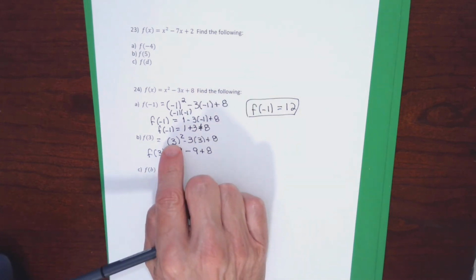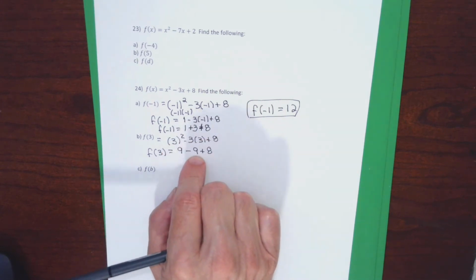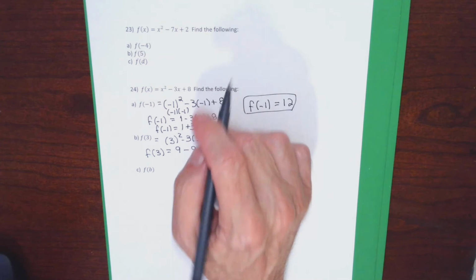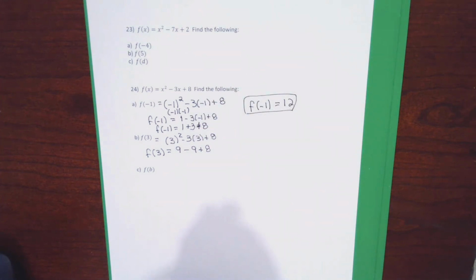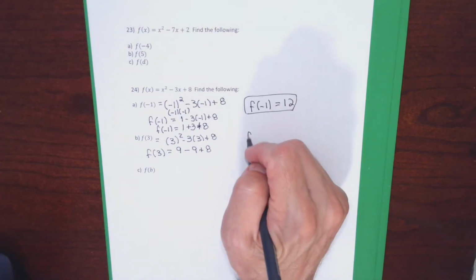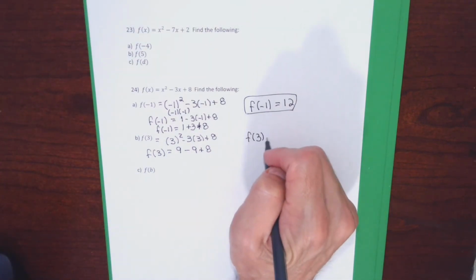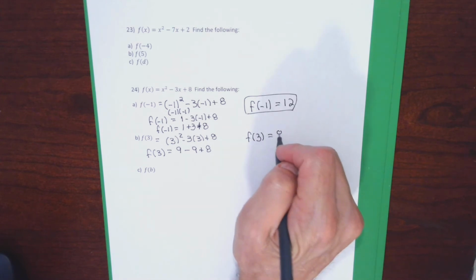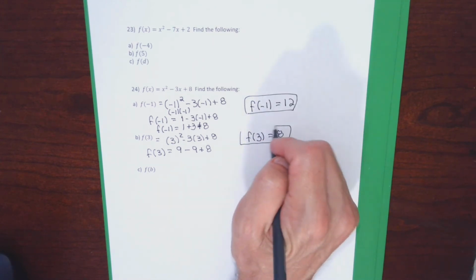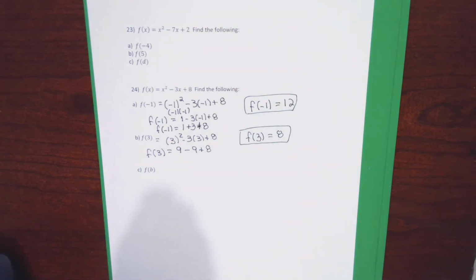I did exponents, 3 squared is 3 times 3, which is 9, and I did multiplication just because I didn't want to take an extra line. I knew I could do those ahead of time. I could have just entered it on my calculator, and I can simplify that in my head. 9 minus 9 is 0, plus 8 is 8. My answer to part B is going to be f of 3 equals 8.